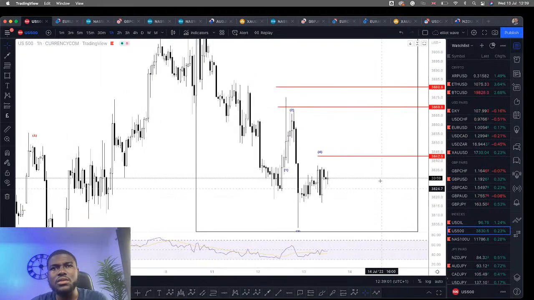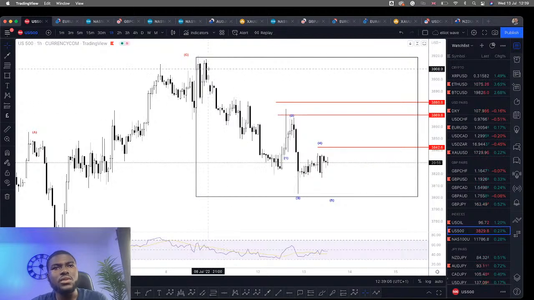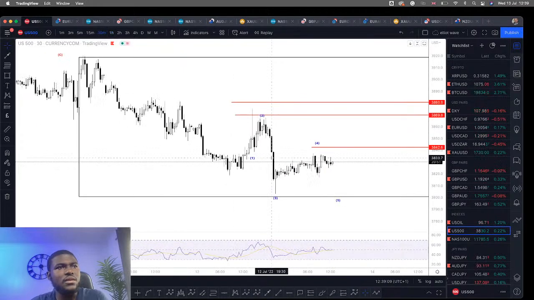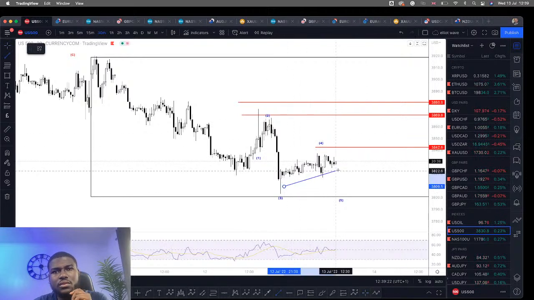Let me check out what is happening in that box. Fantastic. 1, 2, 3, 4, 5. 1, 2. You can see it perfectly. 30 minutes. 1, 2, 3, 4. It looks like 5. This is correction. 1, 2, 3. This is 4 and 5. So we are in a corrective phase right here.